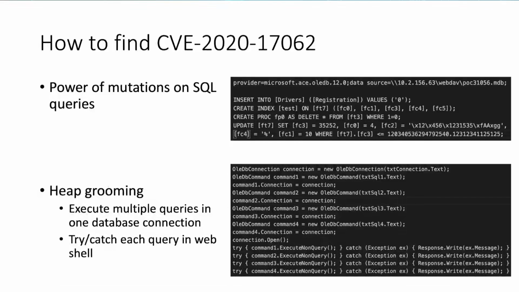So this is the first time you see the power of mutations on SQL queries. You can see only one update can cause an overflow, but those three SQL queries make a successful heap layout to put the page description object just right after the destination buffer.